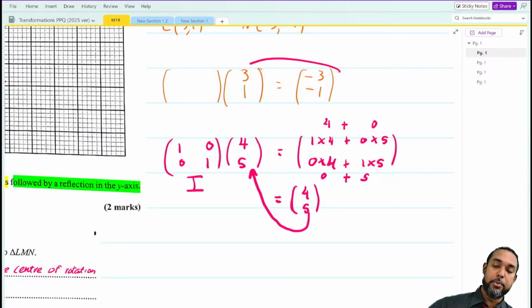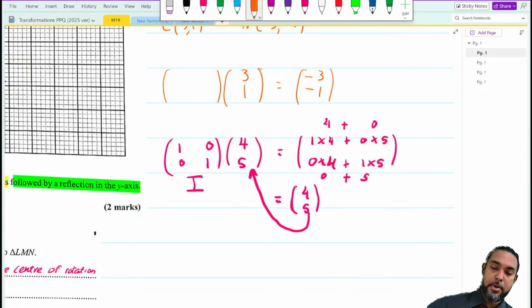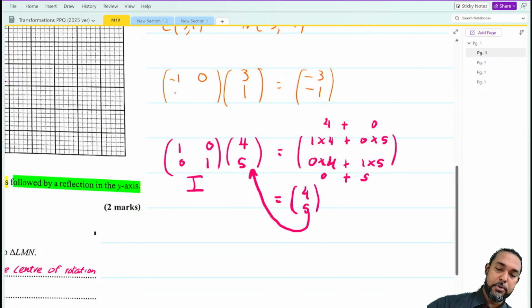Now, quick question. Do we want the elements unchanged here? Or do we want something about them changed? The sign, right? Okay. So would we leave it as 1, 0, 0, 1, or I think we would change something? We have to change something. We'd probably change the sign of the ones, right? In this case, -1, 0, 0, -1. Right?